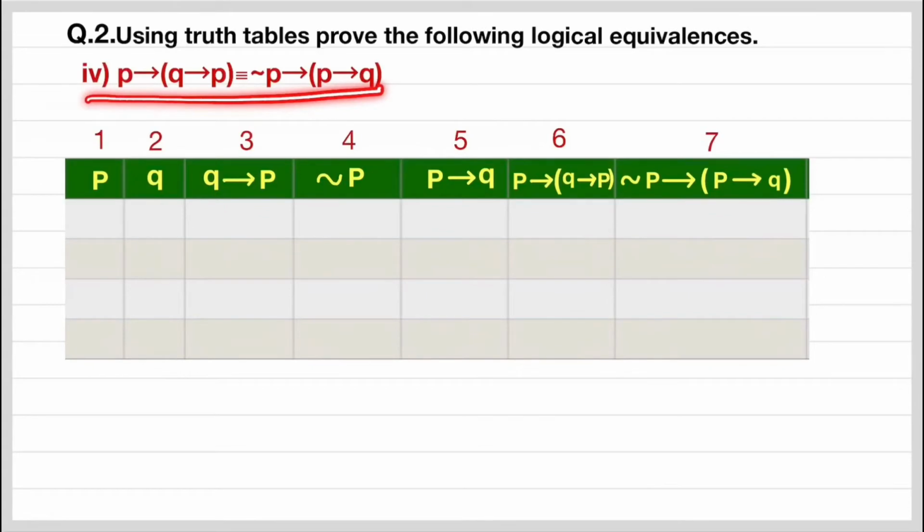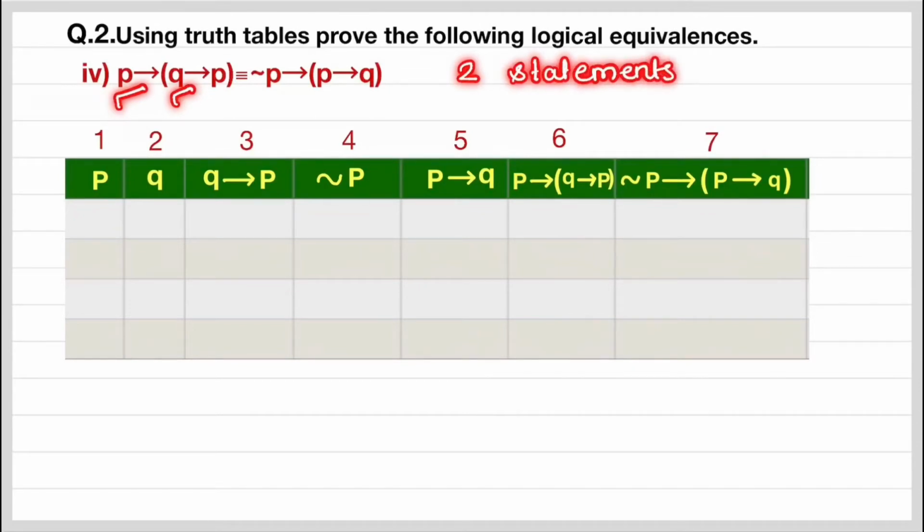P implies Q implies P is logically equivalent to negation of P implies P implies Q. Before making the truth table, first of all we will count the number of rows and columns. Here there are 2 statements, therefore 4 rows.